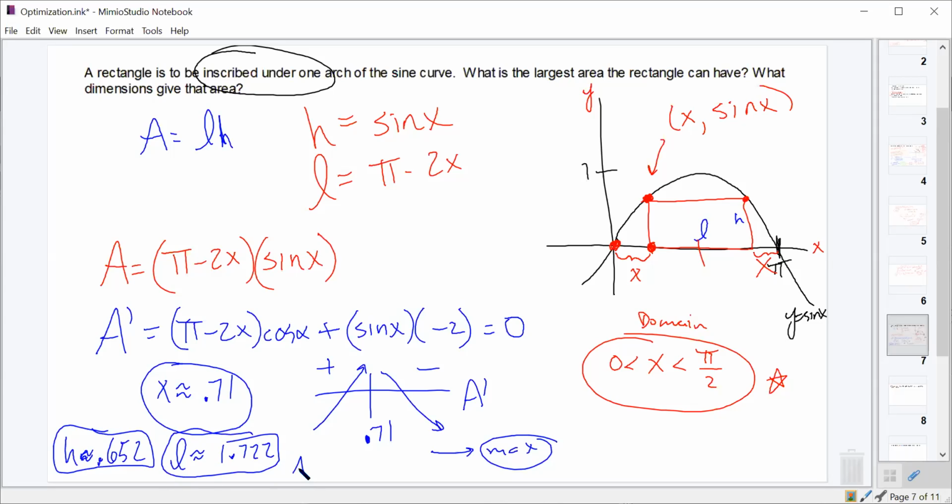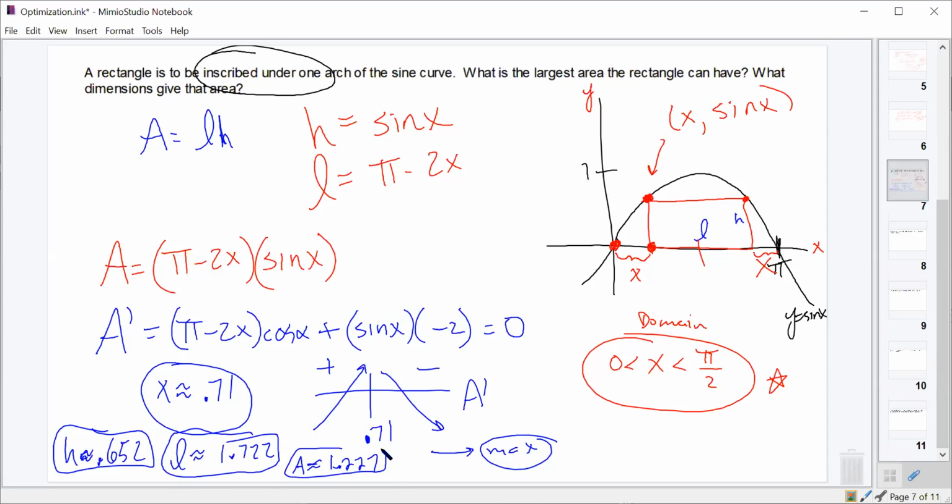What's our area? 1.227. Great. If you had units here, you'd attach units to it, but we don't seem to have units, so good enough.